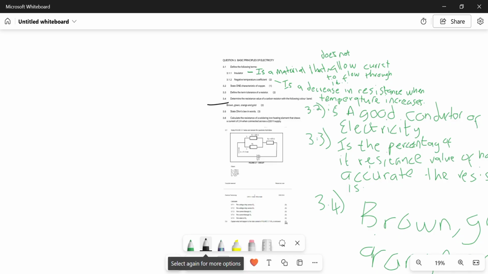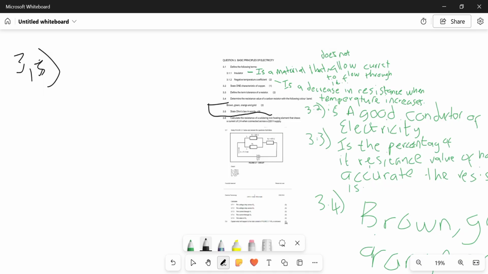Okay, so here, we're gonna say 3.5, Ohm's law. Sorry about that. Let me go back in here. We're gonna say Ohm's law.